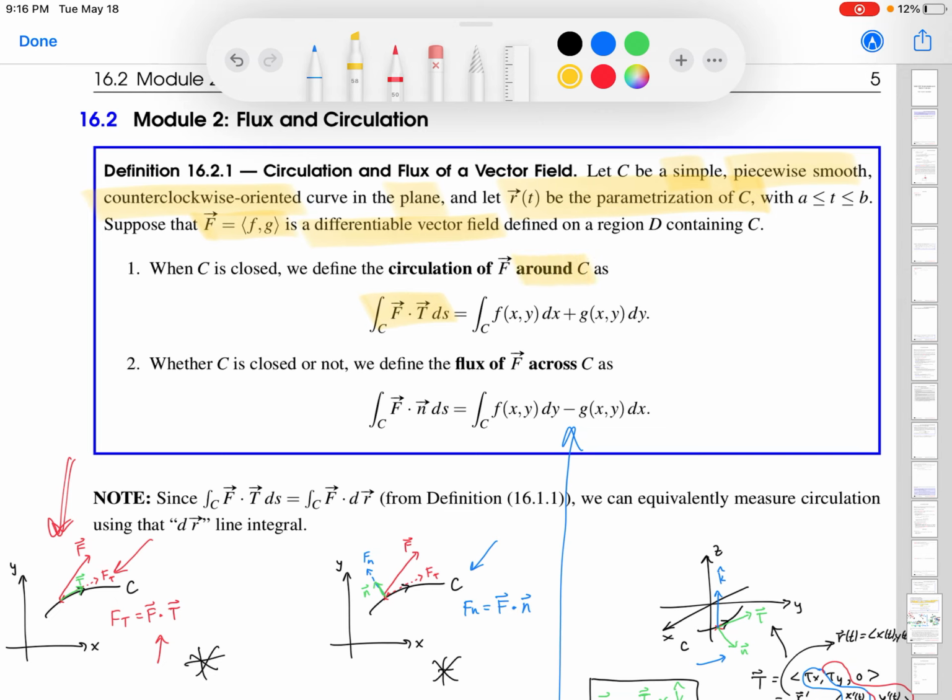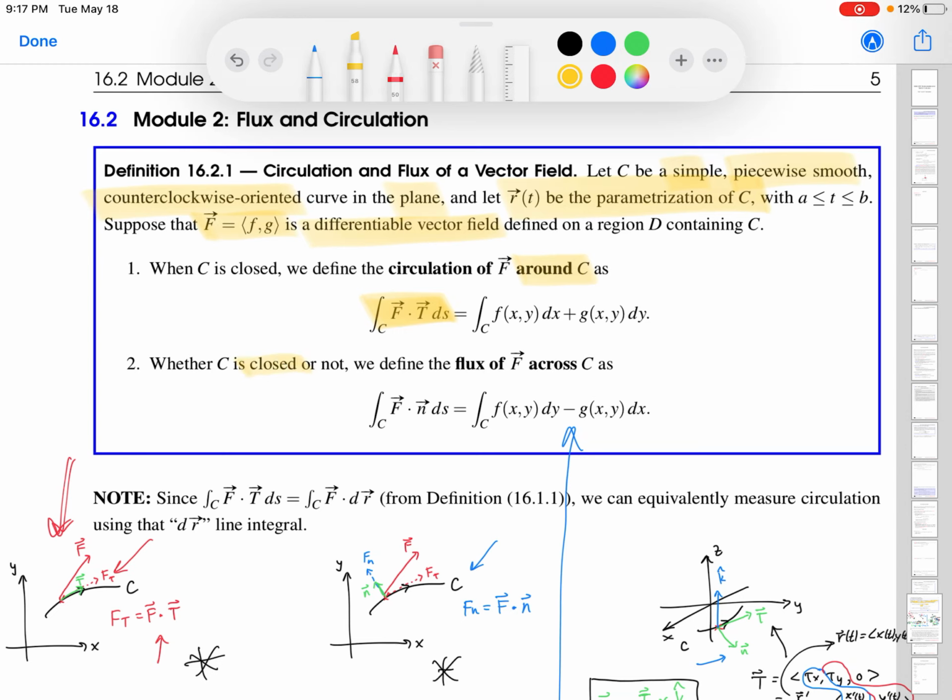So this gives me the notion of, we're thinking of the curve C now as a wire, and there's a bead on this wire, and the vector field pushes the bead around. And the circulation measures that. I can define a new notion of, rather than thinking about C as an actual wire, think of it as a fictitious curve. It definitely helps to think of it as closed, although it doesn't have to be.